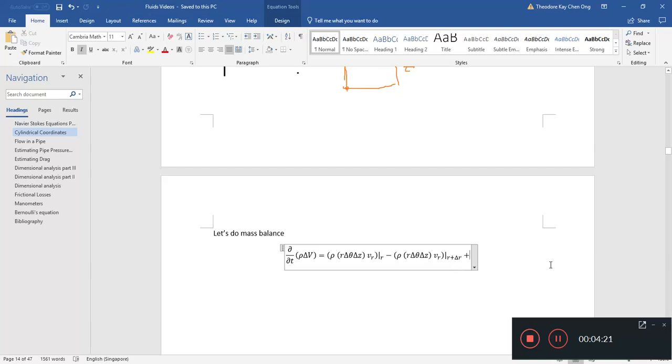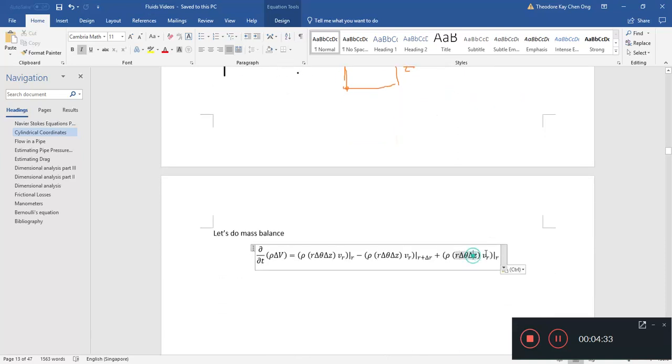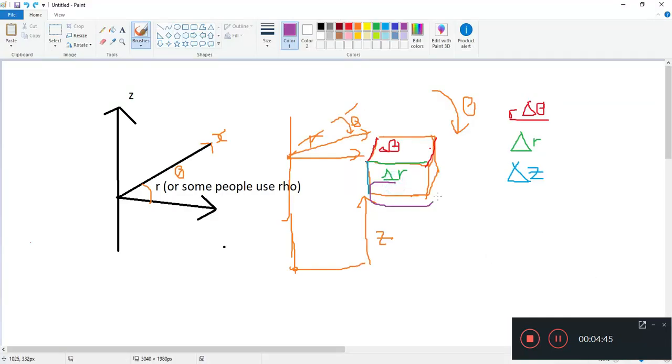Okay, so let's do very simply this. Okay, so what's the rho? We'll have a density times the area. So it's r delta theta times delta r, and we'll have a vz going in, evaluated at z. Okay, so that's the bottom one.